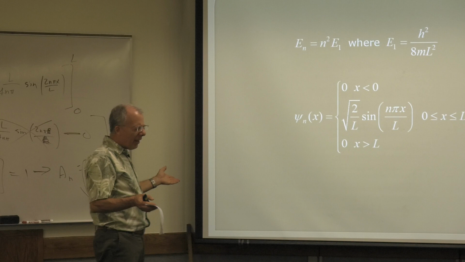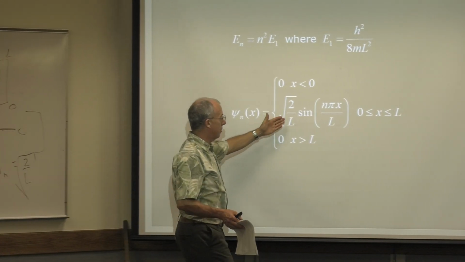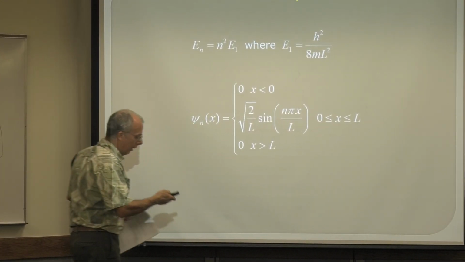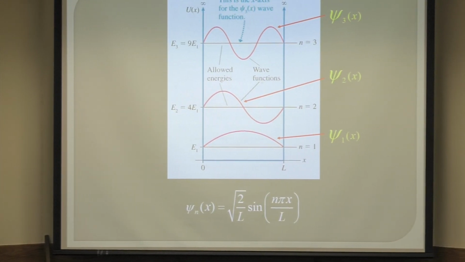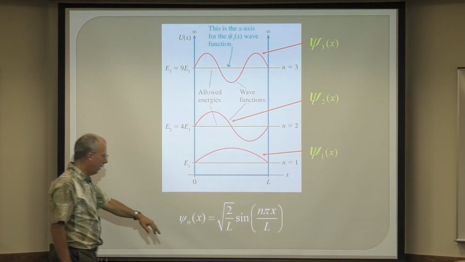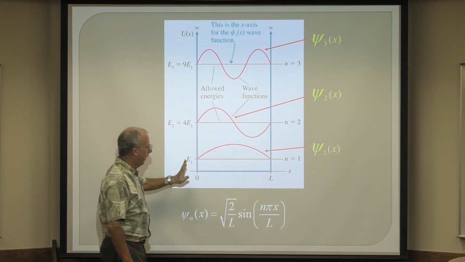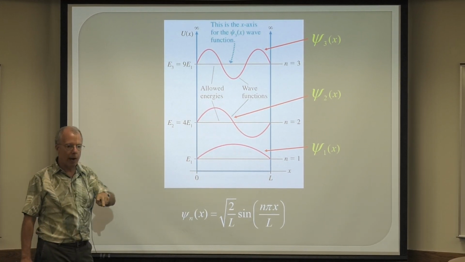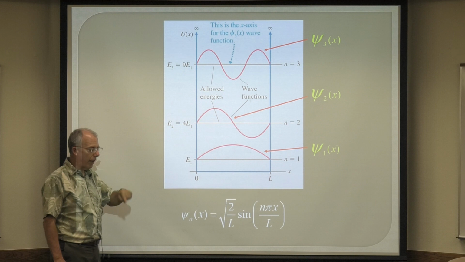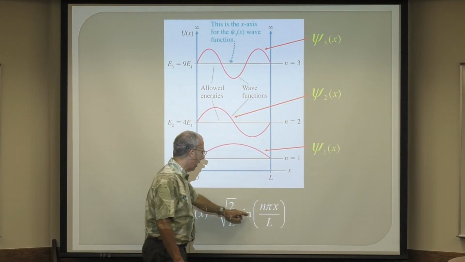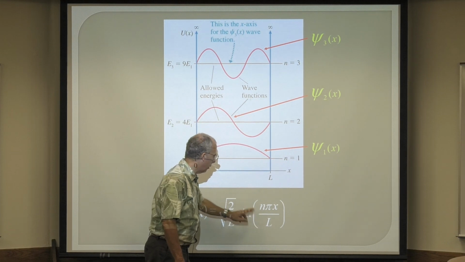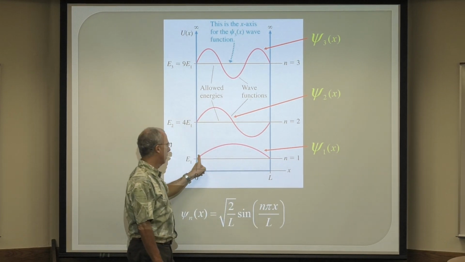Now, we could draw these things, right? I mean, we can draw sine curves all day long. So let's do it. I'll have the computer do it. Just put n equals 1. By the way, this is 2 graphs in one. Let's just concentrate on the wave functions first. If you put n equals 1, you get sine pi x over L, and you go between 0 and L, so you just get this.